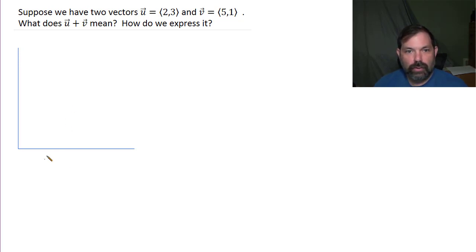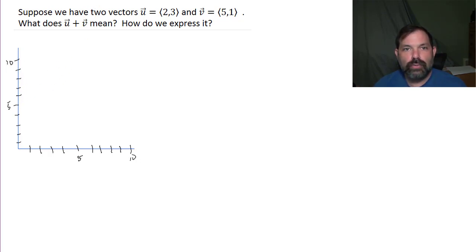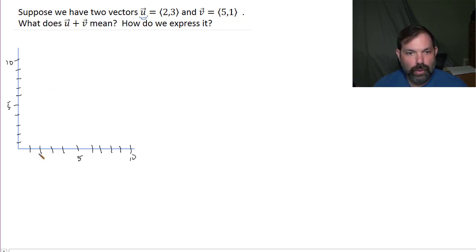All right, so I've got the u vector, which is 2, 3. Let me put some scale here. There's 5, there's 10. There's 5, there's 10. All right, so the u vector is 2, 3.